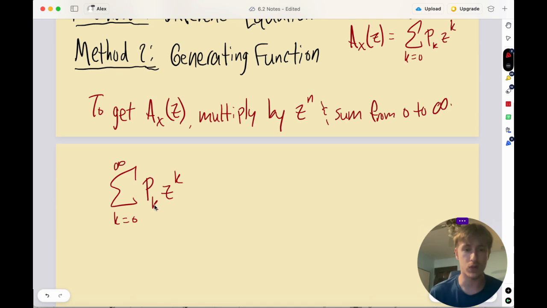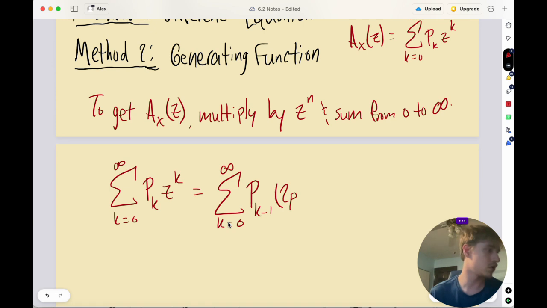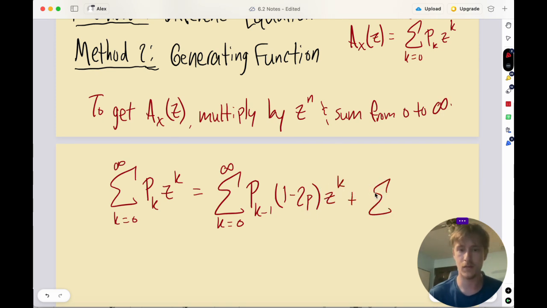And that's going to equal the sum from k equals 0 to infinity of p_{k-1} times (1 minus 2p) z to the k, plus the sum from k equals 0 to infinity of little p times z to the k.